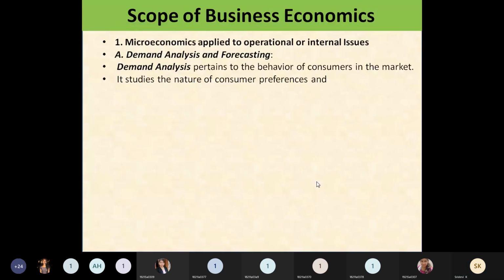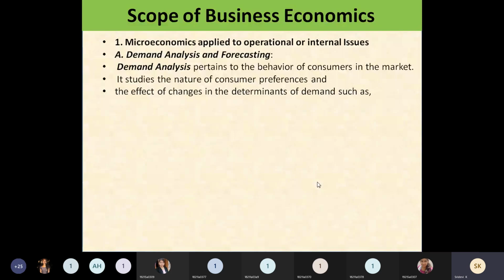If any change in the price of the product is going to be bought, how the consumers' preferences will be changing, all those things we are going to discuss in this demand analysis. This is one of the areas where you are going to find out different factors that are going to affect the demand.